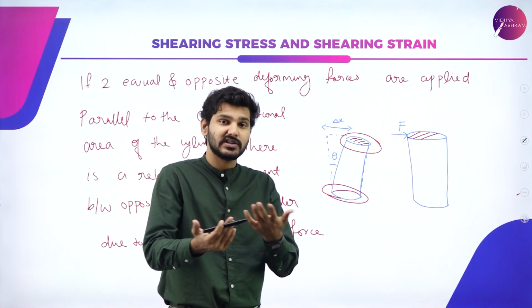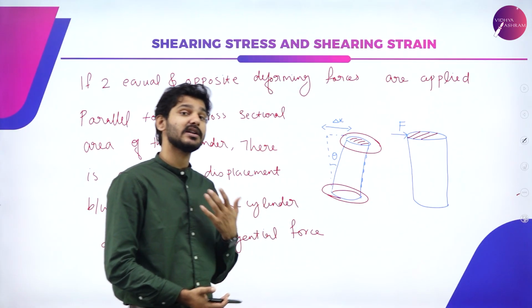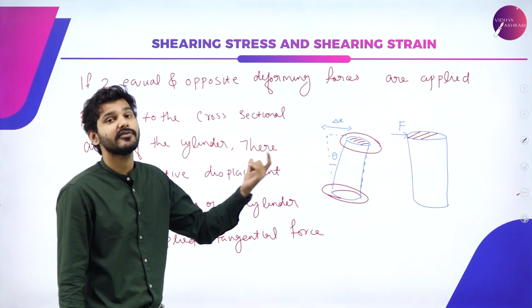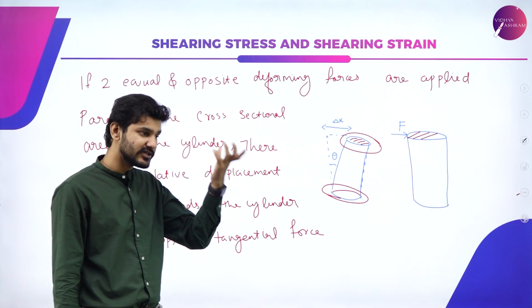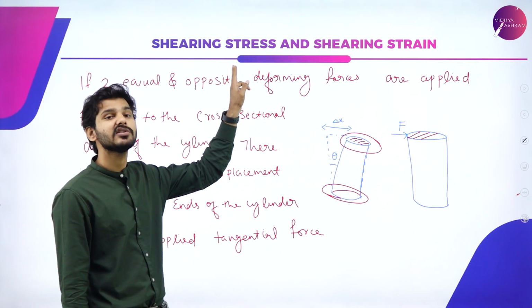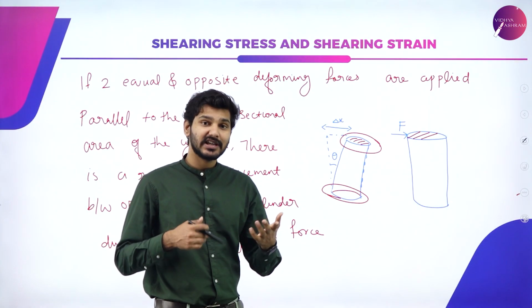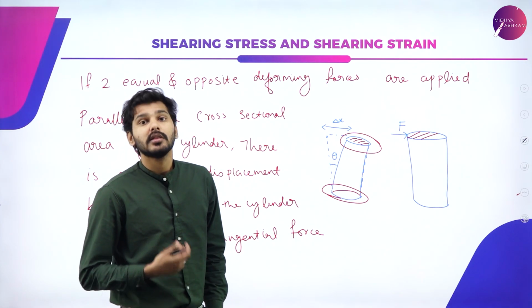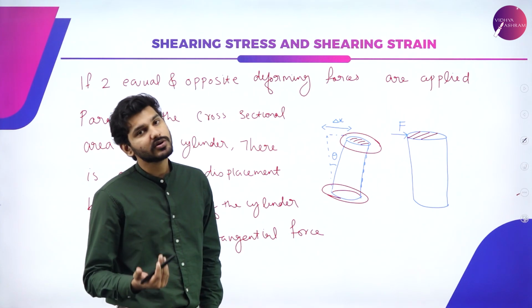So if there is a change like that when a tangential force is applied, then I can say that the restoring force developed per unit area is known as shearing stress. And what is shearing strain? Shearing strain is nothing but the change in dimension to the original dimension.